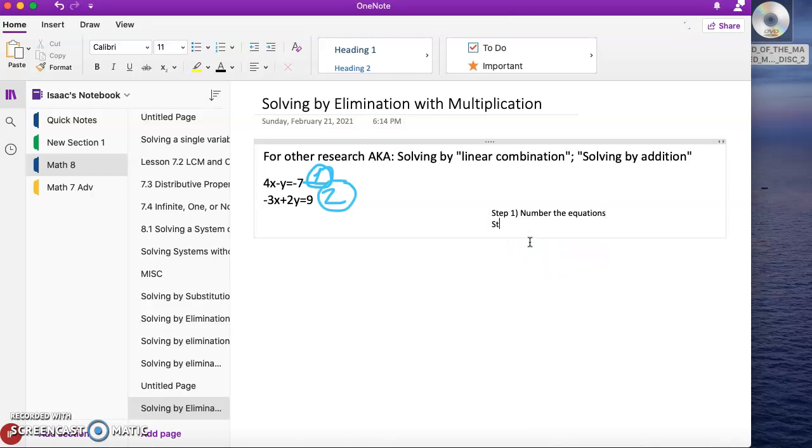Now, step 2. Multiply each term in one of the equations by a useful multiplier. Now what we mean by useful is, useful means it'll help you eliminate a variable.